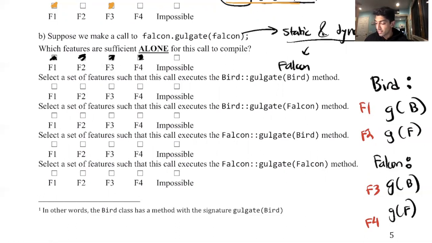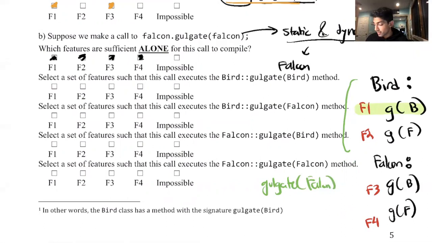So suppose that only the gulgate bird method of the bird class existed. What will happen during compile time is that we will first look in the Falcon class, because falcon is of static type Falcon. And then we ask ourselves, is there a gulgate method? There isn't. So using inheritance we look in the bird class and ask ourselves, is there a gulgate method that takes in a Falcon? We see that no such method exists, because right now we're considering the possibility that only f1 exists.